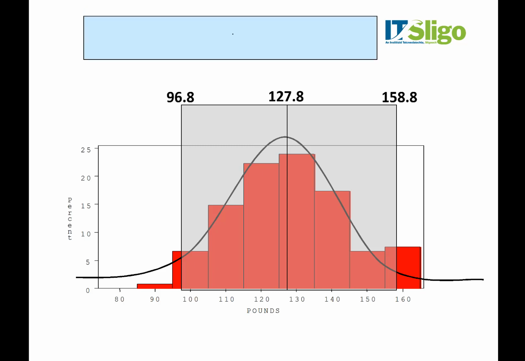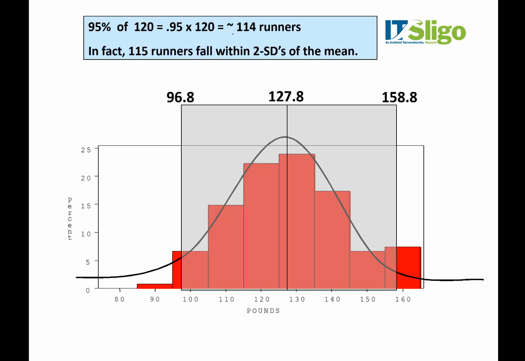Well, 95%. 95% of 120 is 114 runners. When we actually look at the real data, 115 runners fall within two standard deviations of the mean. So it shows that the model is valid. It does hold water.